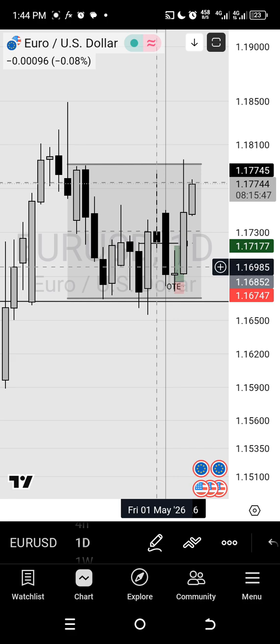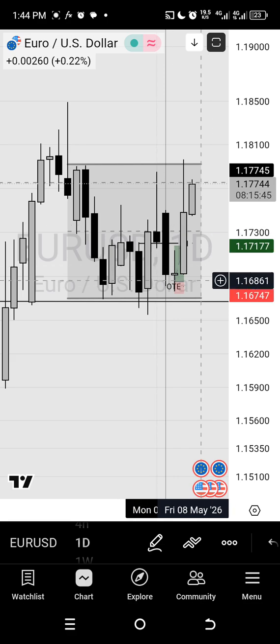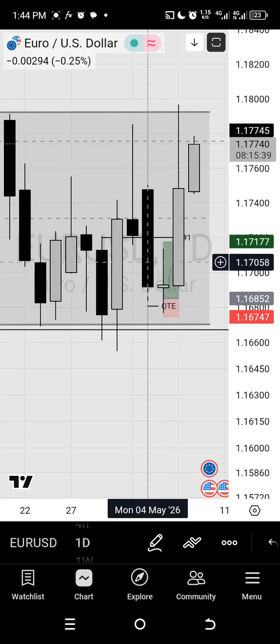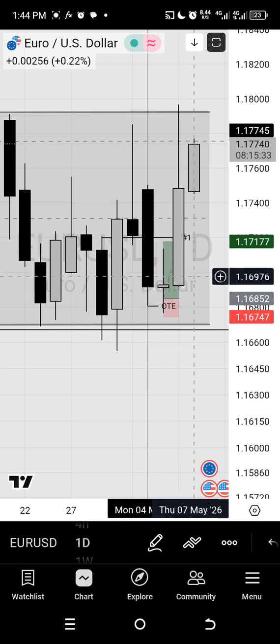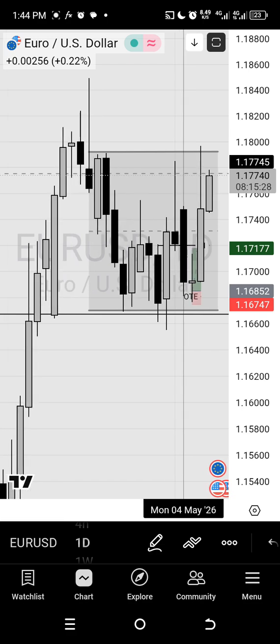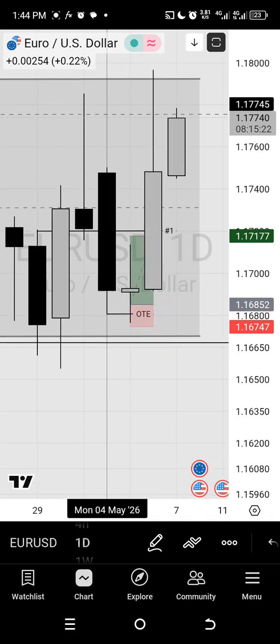So price retraced towards the candle and then gave me this CRT here, where our candle number 1 is bearish, candle number 2 bullish, candle number 3 bullish. So that was my logic, right? I then took the buy from here.